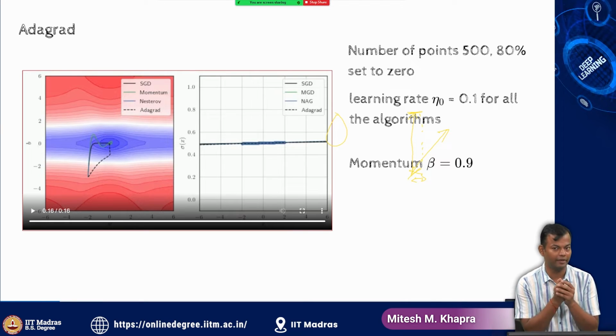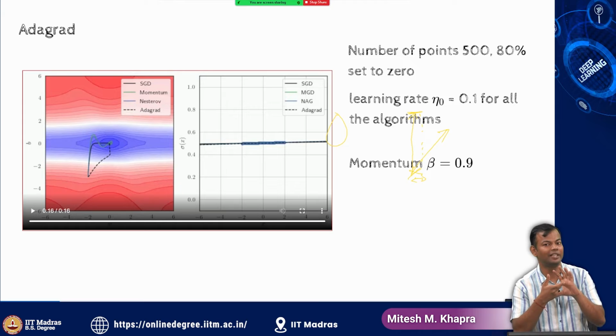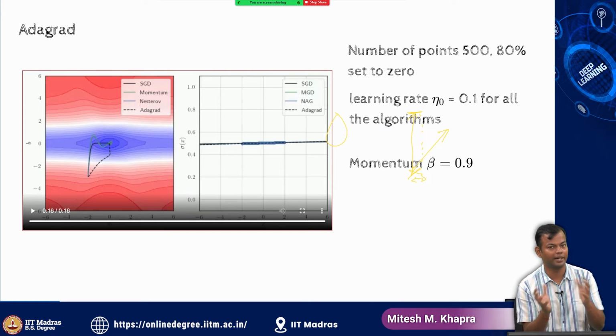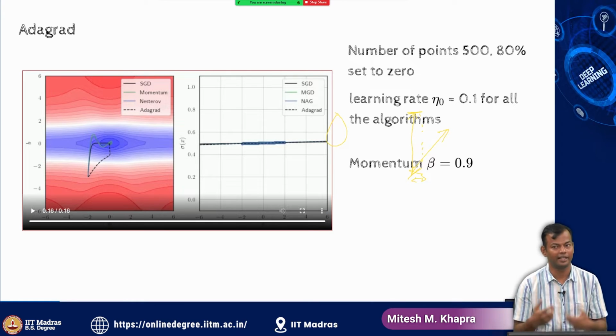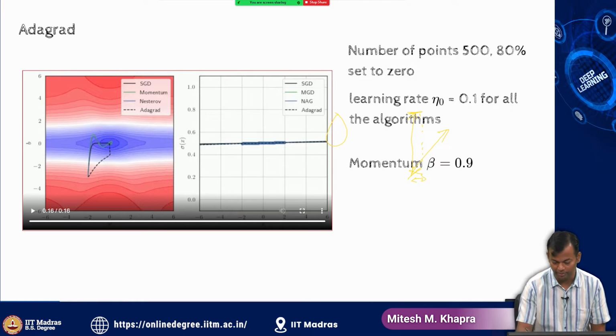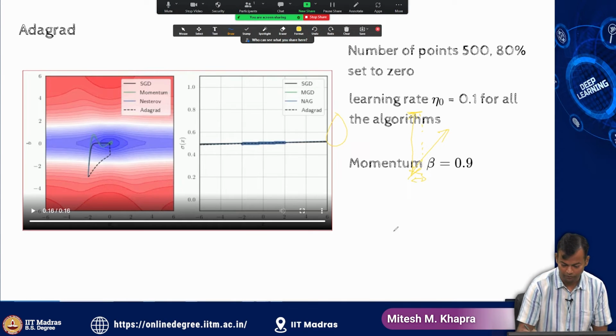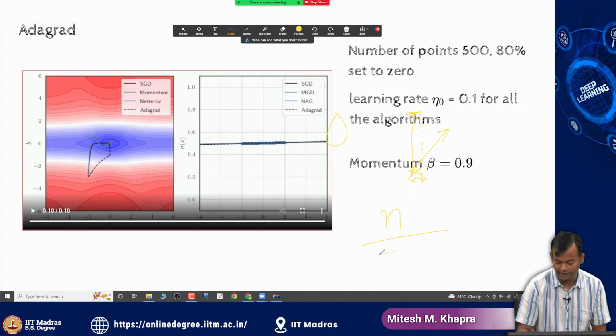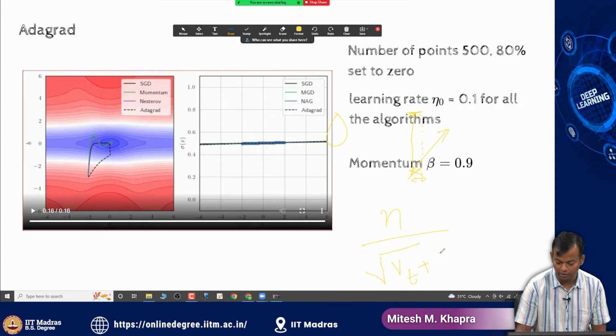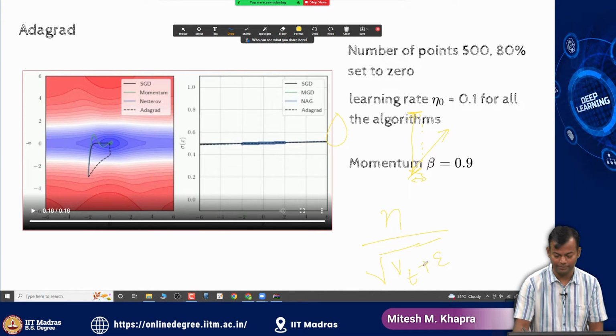Even though my derivatives are small, I have adaptively changed the learning rate, eta divided by the history of the updates, and that is allowing me to do that, right? So remember, my effective learning rate is eta divided by square root of Vt plus epsilon, and let me just ignore epsilon for now.